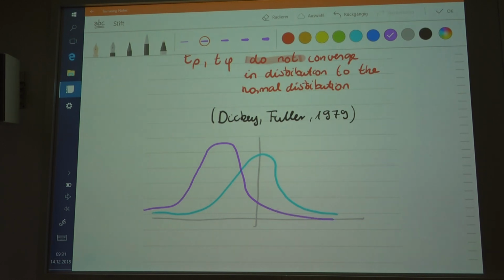The problem is, if you take the normal distribution for testing the null hypothesis, the null hypothesis is rejected way too often. Let's say the critical value is here.